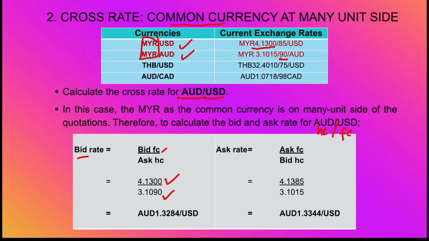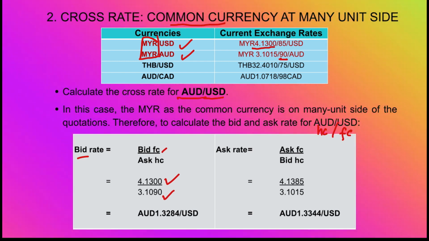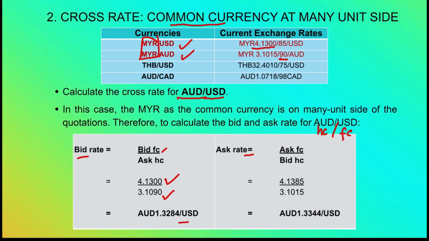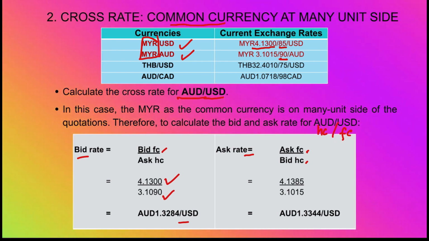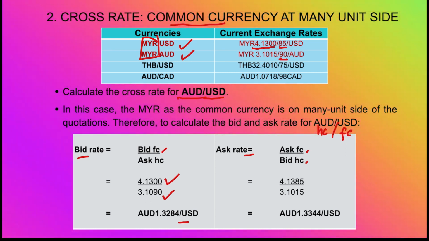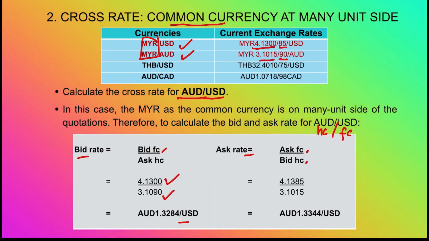So you will get AUD 1.3284 per US dollar. For the ask rate, it is ask foreign currency over bid home currency: 4.1385 divided by 3.1015. So you will get AUD 1.3344 per USD.